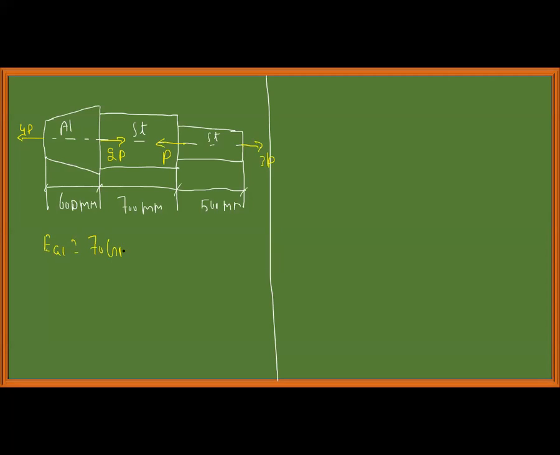As soon as you see GPa, convert into Newton per mm square: 70 into 10 power 3 Newton per mm square. Young's modulus of steel is 200 GPa, which is 200 into 10 power 3 Newton per mm square.